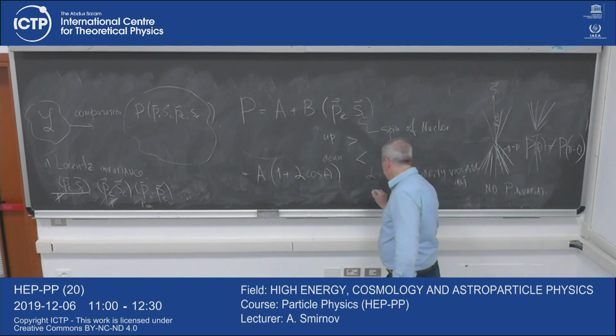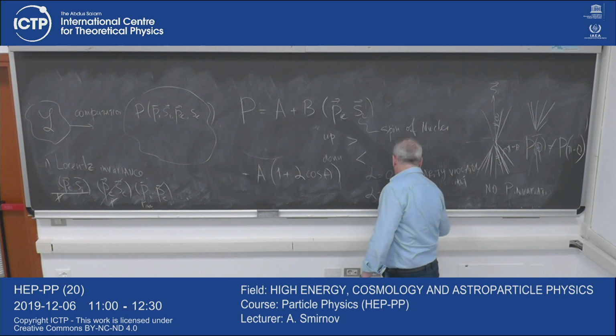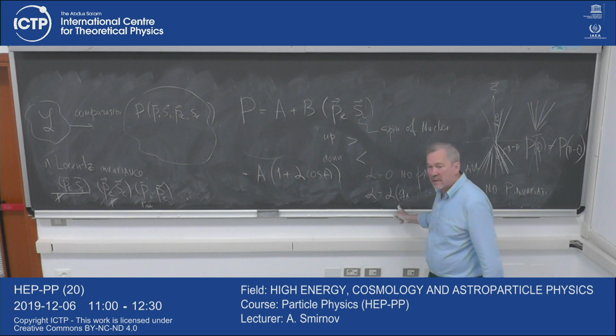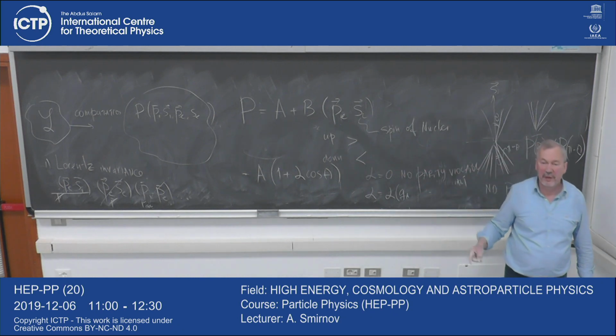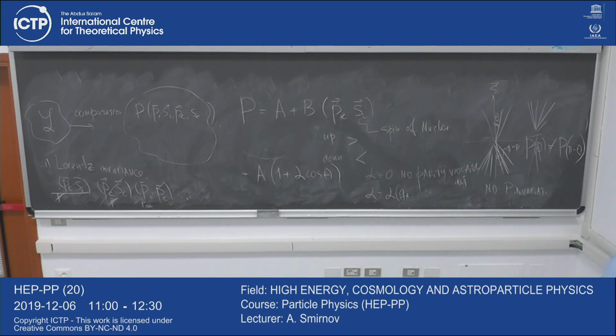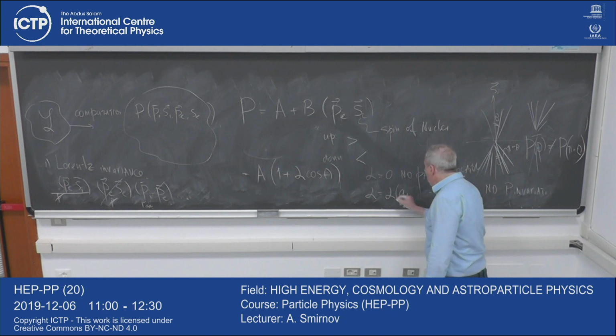So that alpha turns out to be a function of G_A. Remember, this is the parameter which enters the Lagrangian with the axial vector current. So if G_A is 0, then alpha should be 0. And of course, if also the corresponding current in the lepton is zero. And also alpha should depend on the degree of polarization.